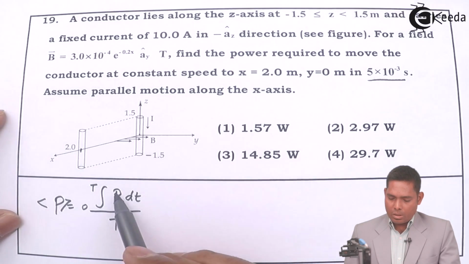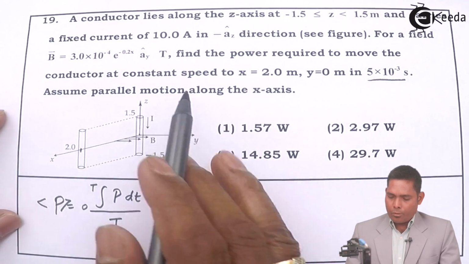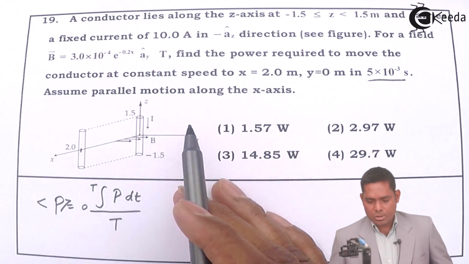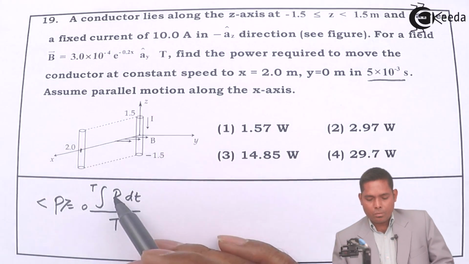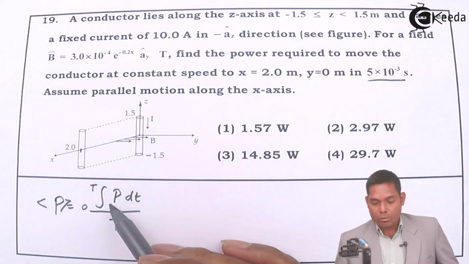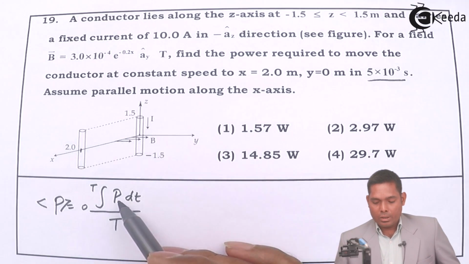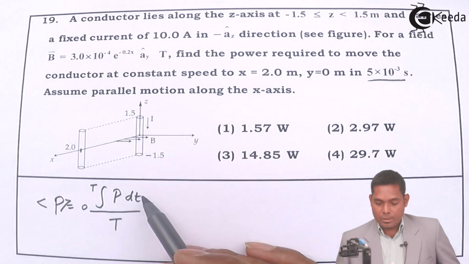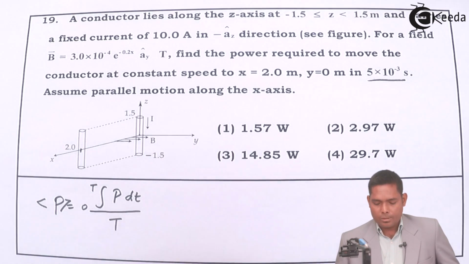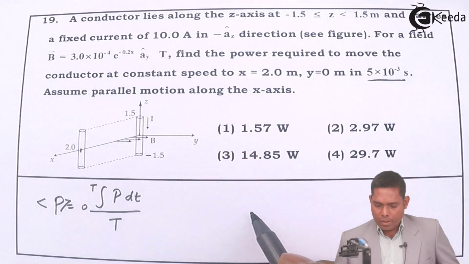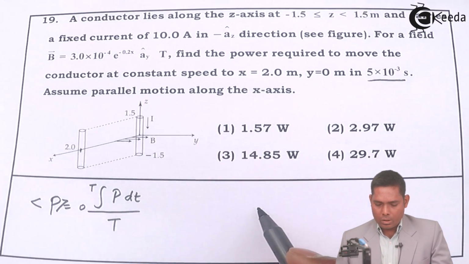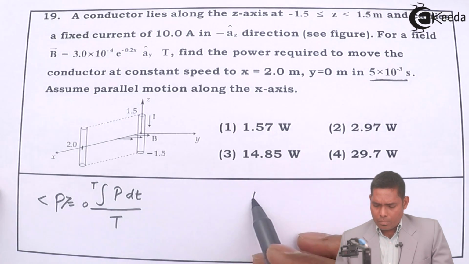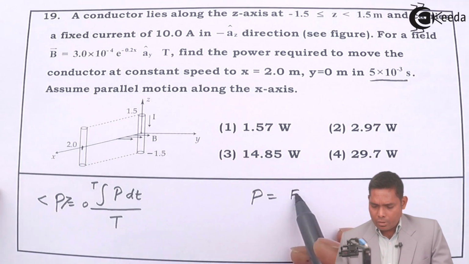I'll put the power formula from the given information, then I have to integrate it. That should be in the form of dt. If it is not, then I need to bring it into another form and solve it. So if I look for power, how to solve that? The power is F dot v.